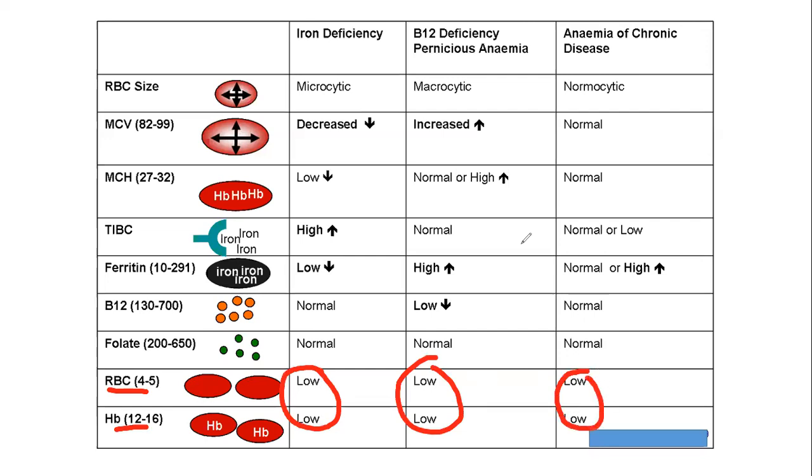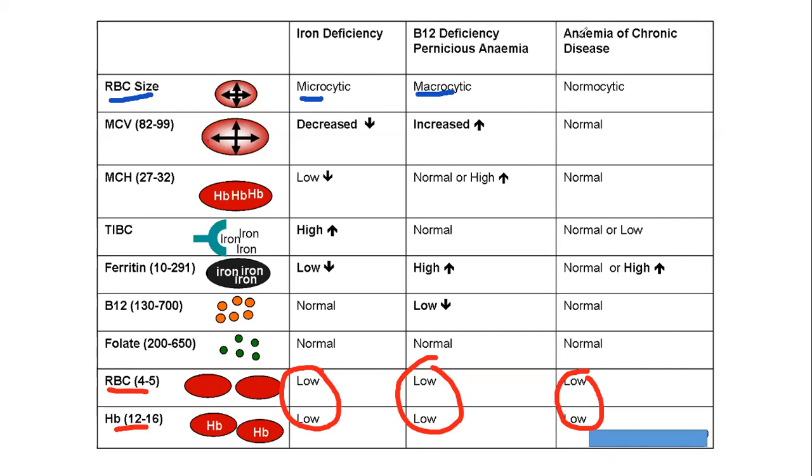This is common. But in case of RBC size, in iron deficiency, it is smaller, B12 bigger, megalo, but this is normal.